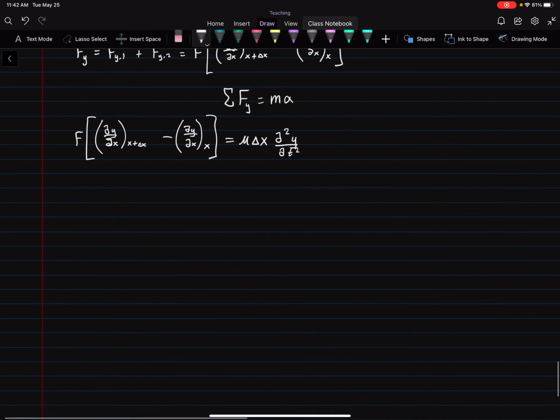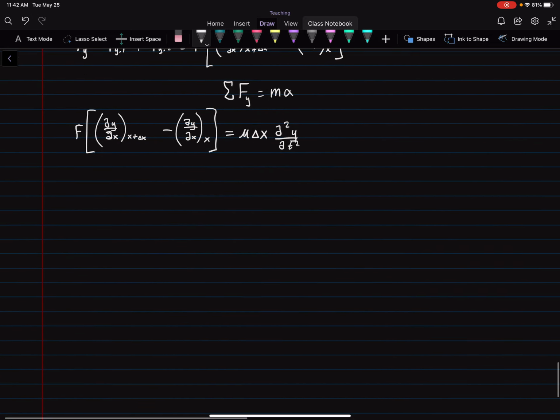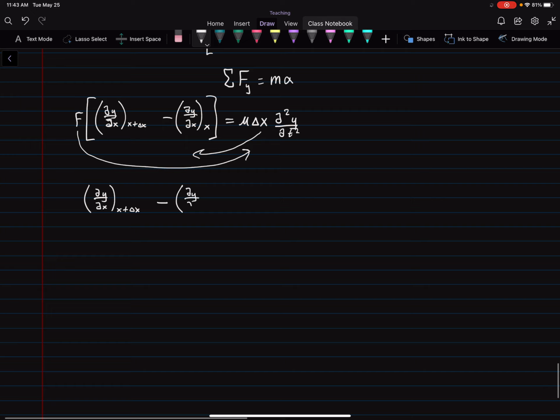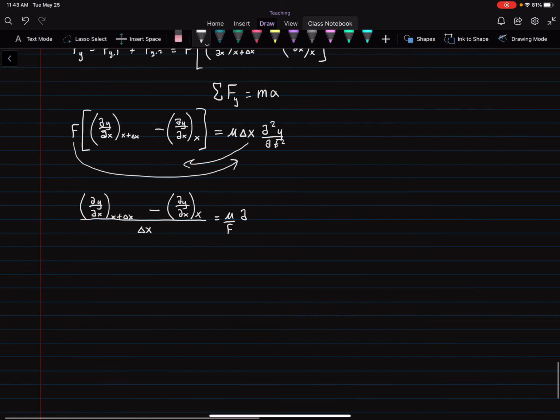All right. So now, if we rearrange this expression into another form, I'm going to bring this F over here, and I'm going to bring the delta x over there. Then we get dy/dx at x plus delta x minus dy/dx at x, all that divided by delta x, is equal to mu over F times the acceleration, d squared y over dt squared.